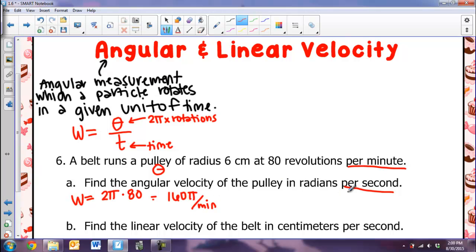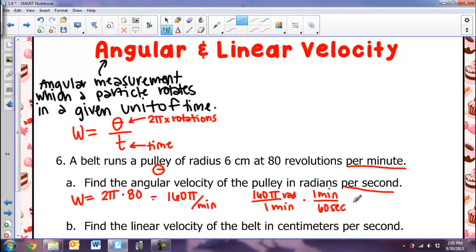Now that's fine, and we put our radians in there too with that pi right there. But we need this per second, so we're going to have to do a little bit of dimensional analysis. So if I'm in 160 pi per minute, so this is radians per 1 minute, I'm going to have to convert and say 1 minute is the same thing as 60 seconds.